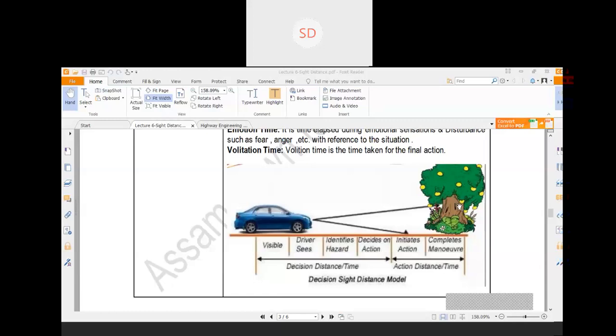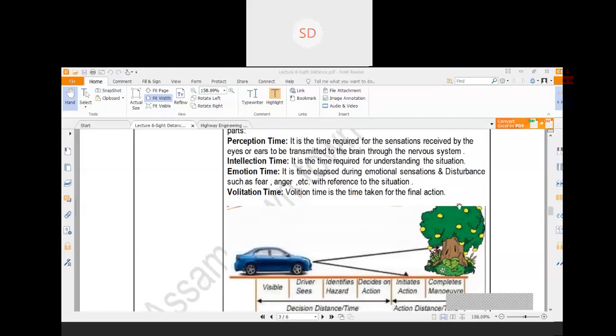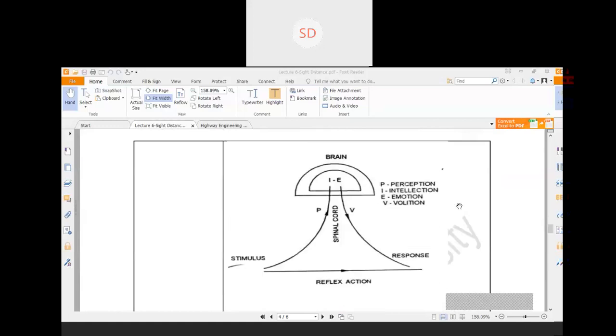Okay, so that time is actually the perception time. During this perception time you perceive the situation. Suppose you have observed something, so after observing, a signal will pass to your brain. After that, the signal will be processed in the brain.